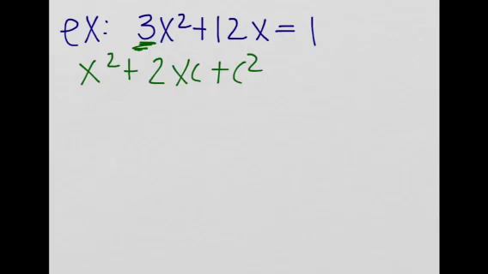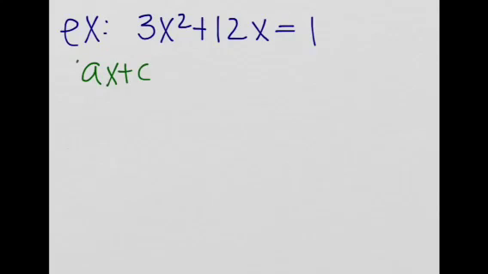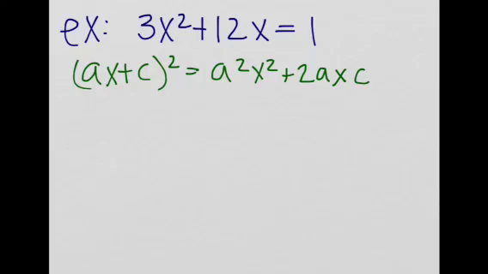So basically what we want is something in the form of (ax plus c) squared, and this will equal a squared x squared plus 2axc plus c squared.